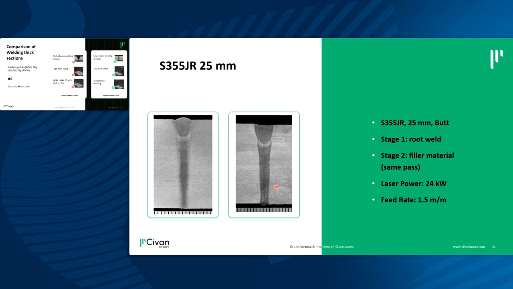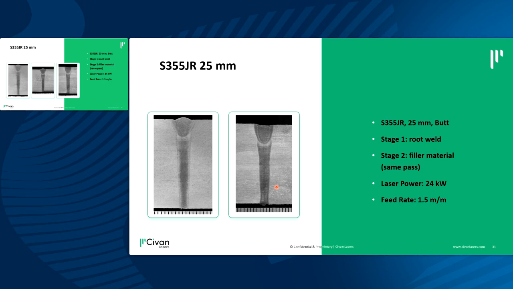What you see here is the root weld of the laser, and then within the same pass, just using one pass with filler wire to cover the undercut that occurs due to the imperfect fit of the two plates.